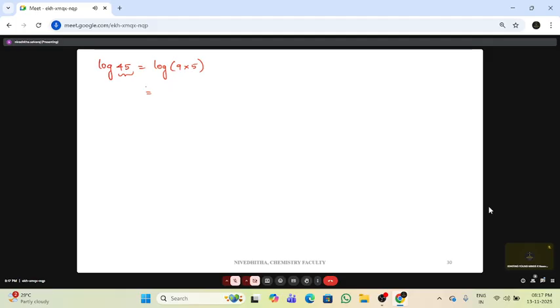So it is like log A into B. I can write it as log A plus log B. We don't know the value of log 9, but we can write this log 9 as log 3 square. So log 3 square can be written as 2 into log 3 plus log 5. That's it. So 2 into, you know the value of log 3, which is 0.4771, and the value of log 5 is 0.6989. So by simplifying these values, you'll get the value of log 45.